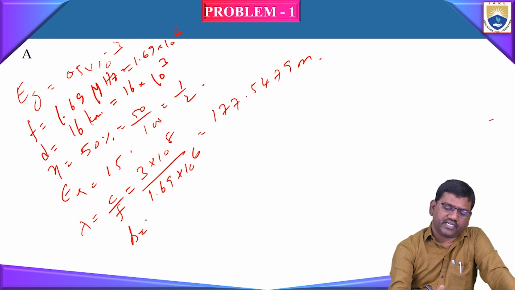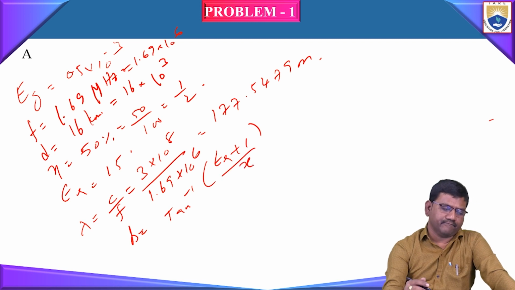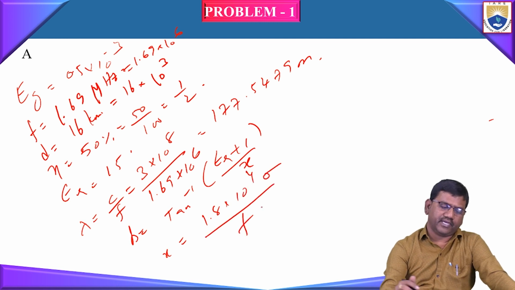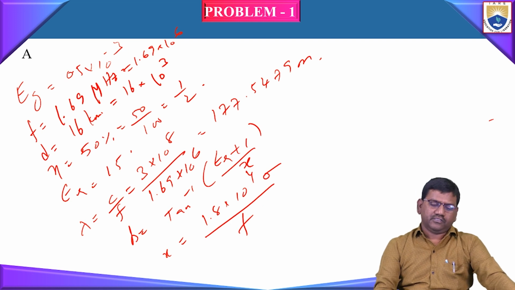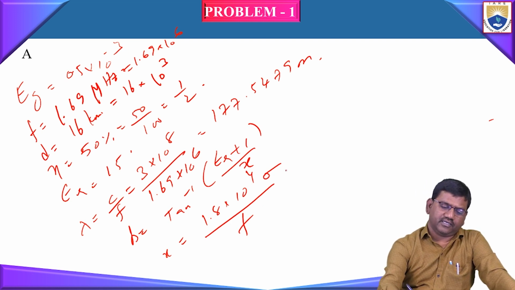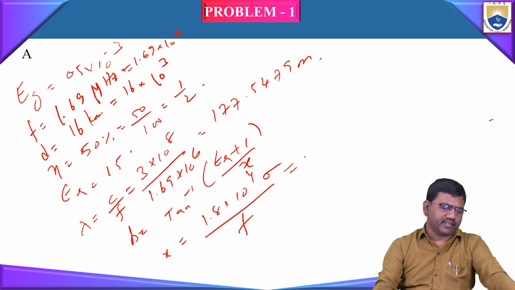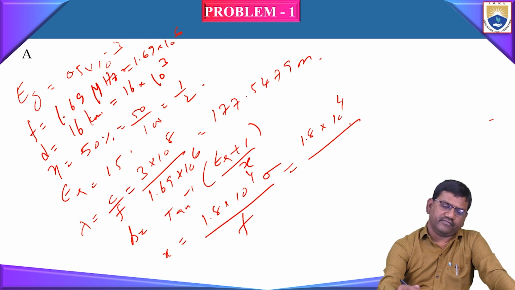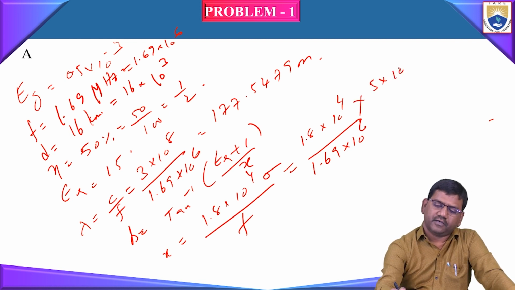So b is equal to, for a vertically polarized antenna, tan inverse of (epsilon r plus 1) by x. But what is the x value here? x is 1.8 into 10 power 4 sigma by f in megahertz. So we find x as 1.8 into 10 power 4 by the value of f, given as 1.69 into 10 power 6, into the value of sigma, which is 5 into 10 power minus 3.